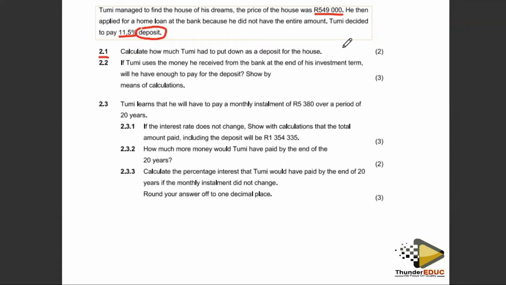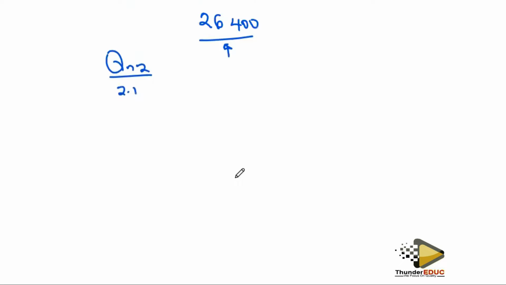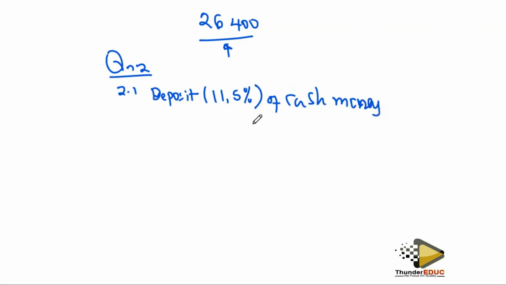So what you're going to do here, question 2.1, we are looking at the deposit. And they told you the deposit is 11.5% of what? Of the cash amount. I'll call it the cash money.